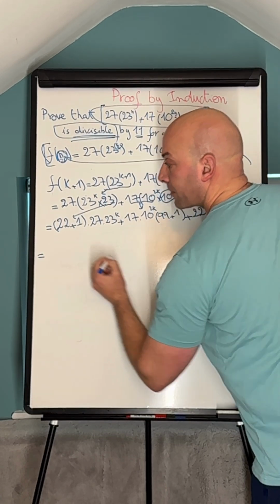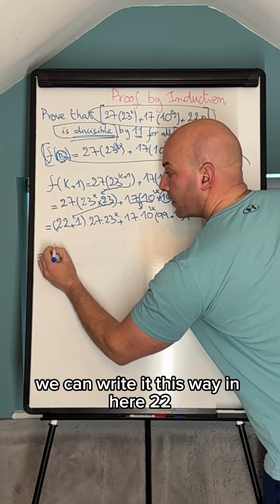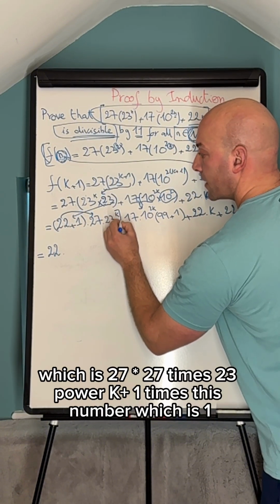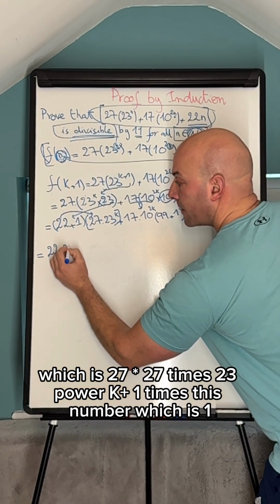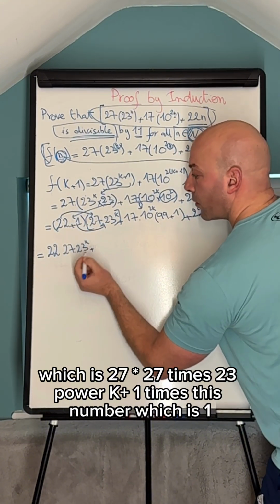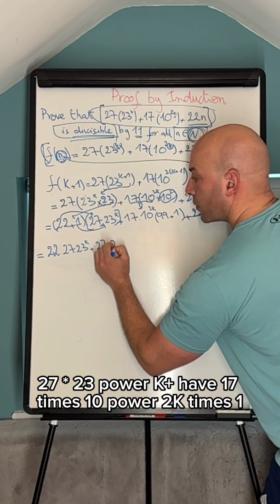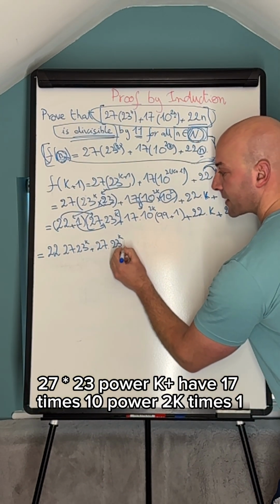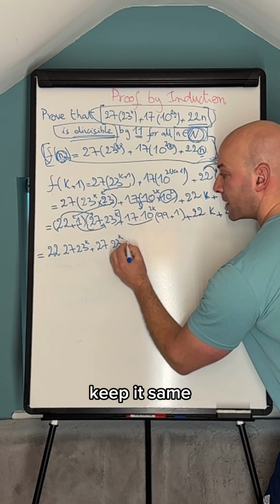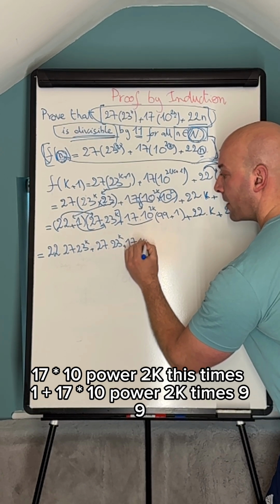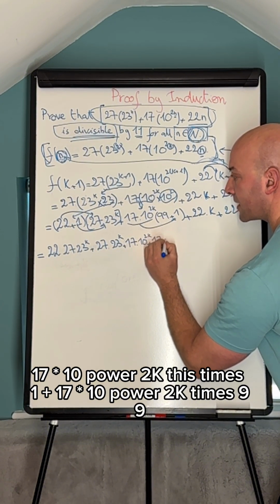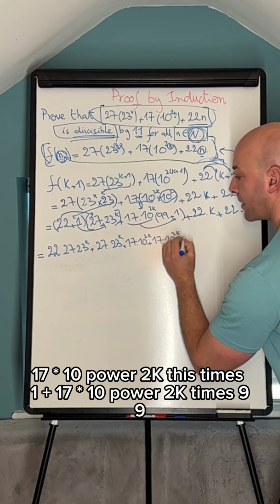How can we write it now? We can write it this way in here: 27 times 23^k times 22, plus 27 times 23^k times 1, plus here 17 times 10^(2k) times 1, keep it the same, 17 times 10^(2k), this times 1, plus 17 times 10^(2k) times 99.